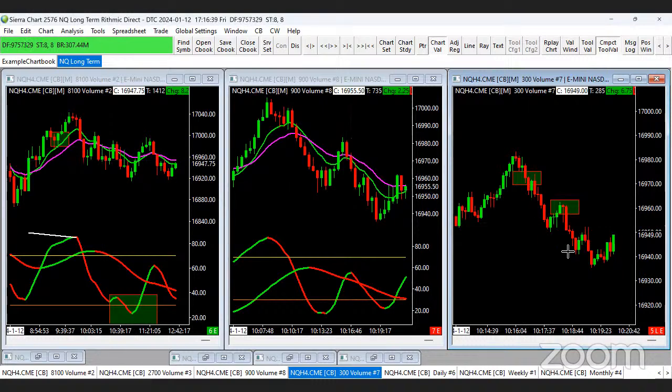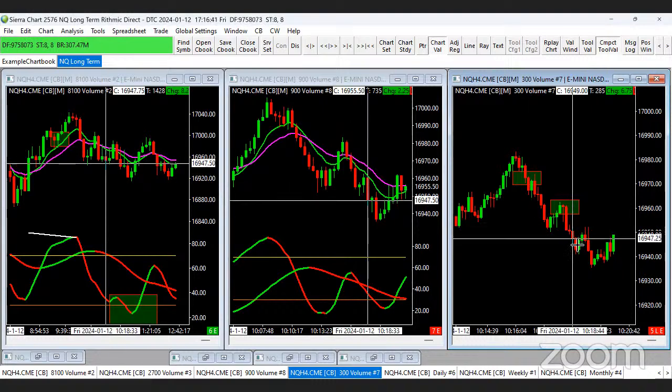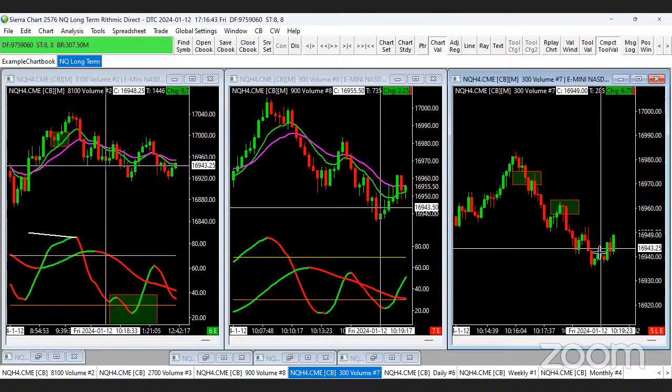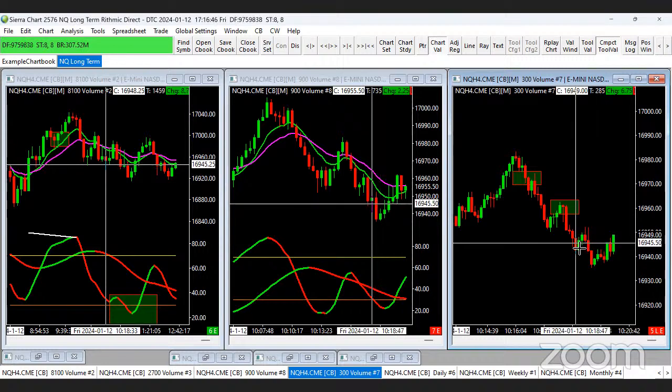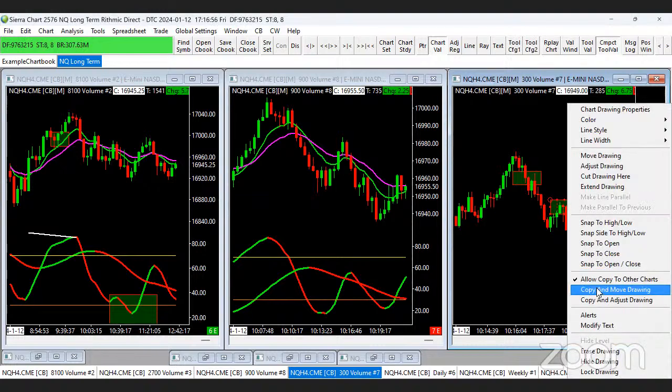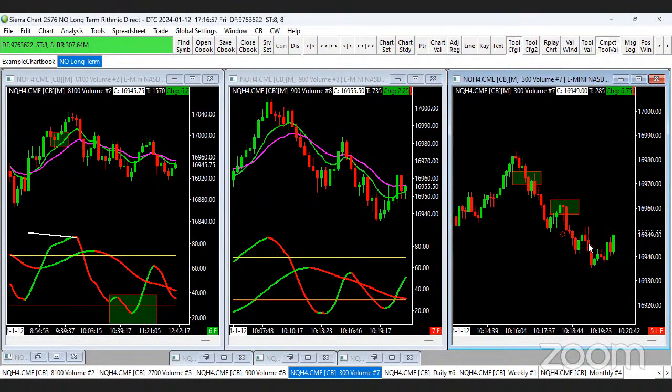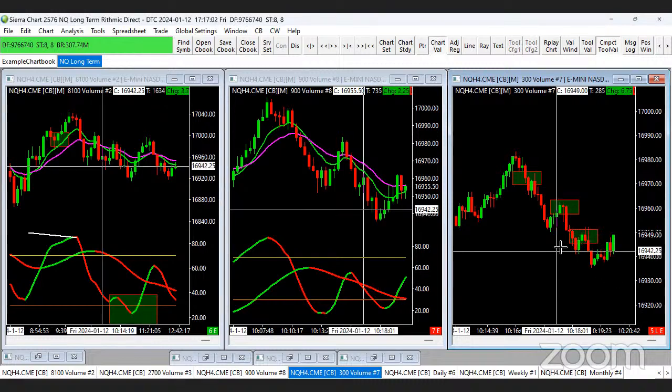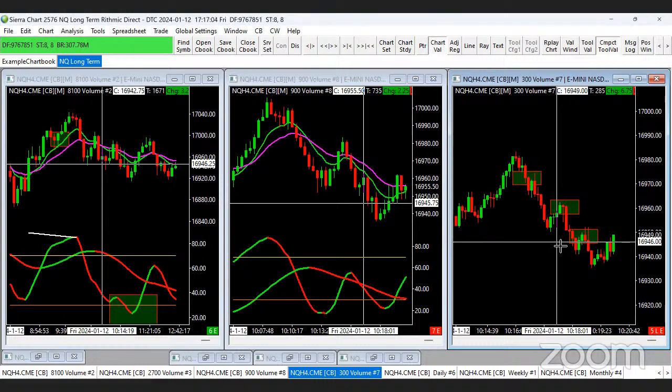And then it goes down again. It's like, oh, it's going down again. So I'm going to get it again at 45. So now we got in at 70, 53, and 45. And then I'm going to be out of all of these trades at 46.